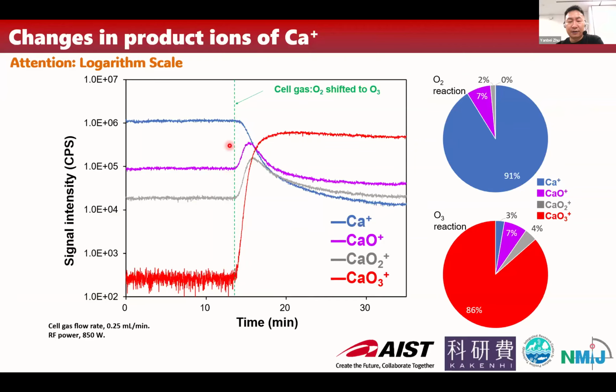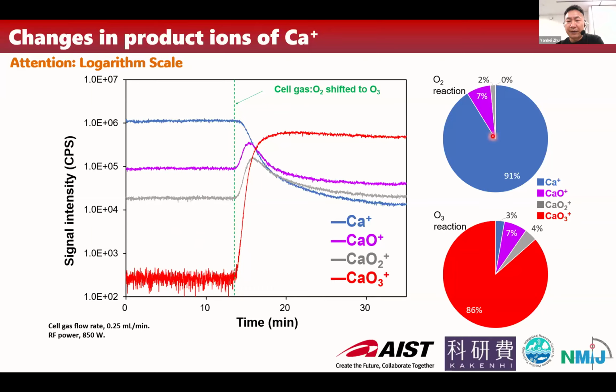For the second quadrupole, we can segregate calcium, calcium monoxide, and dioxide ions. In the beginning, the cell gas was oxygen.